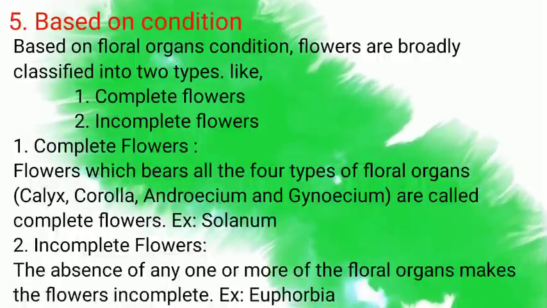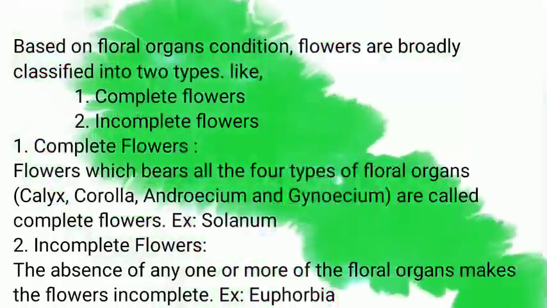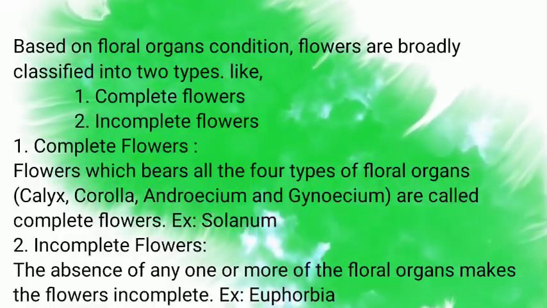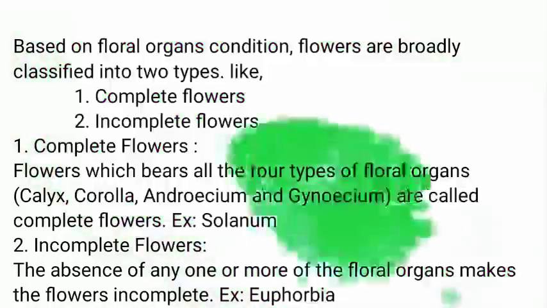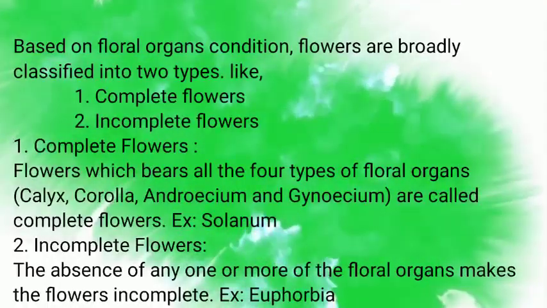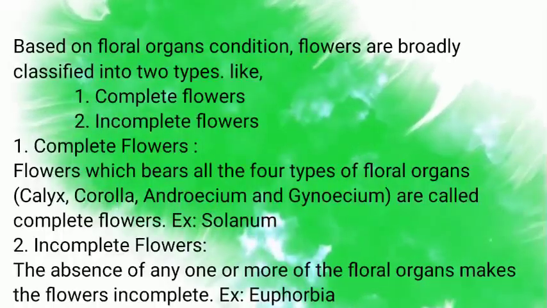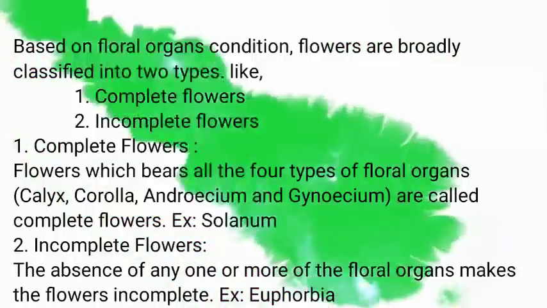The fifth aspect of classification of flowers is based on condition. Based on floral organs' condition, flowers are broadly classified into two types: complete flowers and incomplete flowers. Very first one, complete flowers.